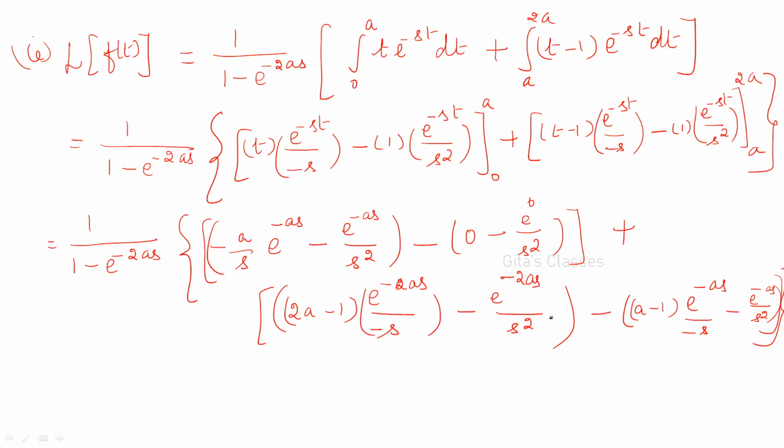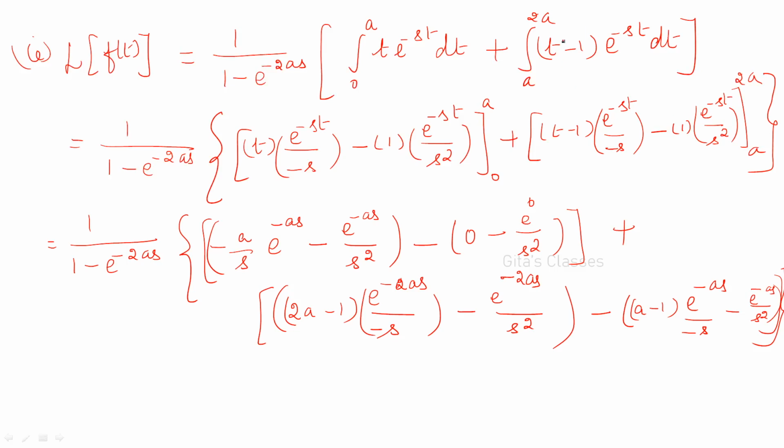Okay. So by integrating t again using Bernoulli's formula, the extended formula for integration by parts, that is t into e power minus st by minus s, and minus of, keep on differentiating the first bracket, keep on integrating the second bracket.